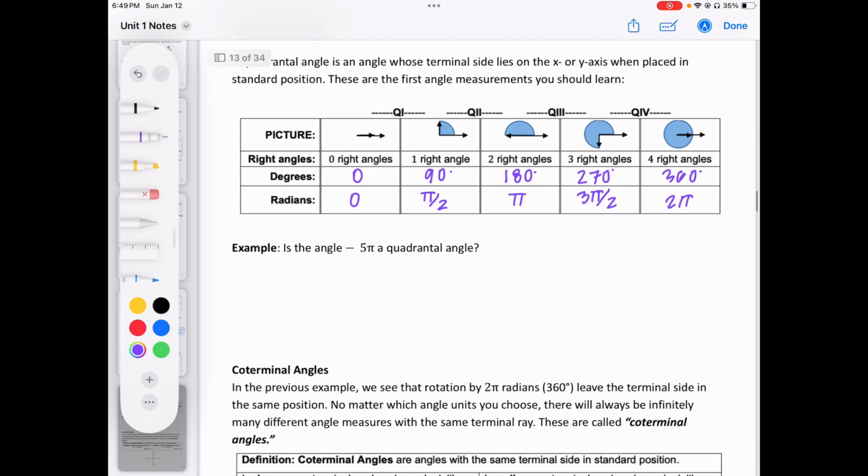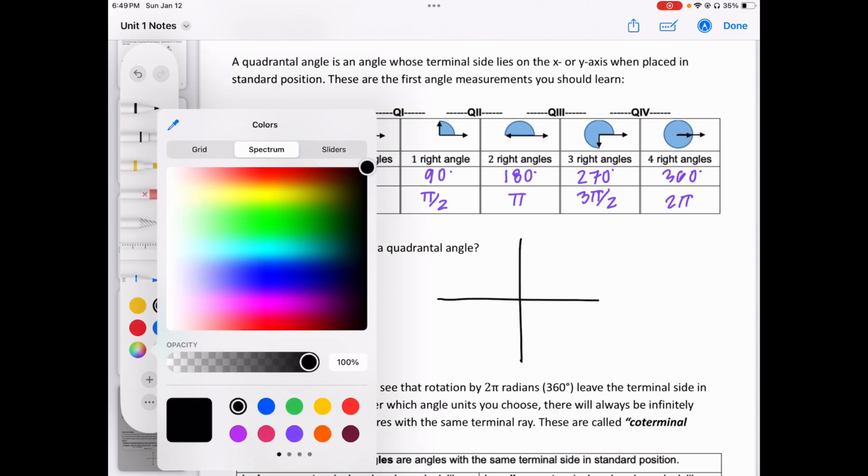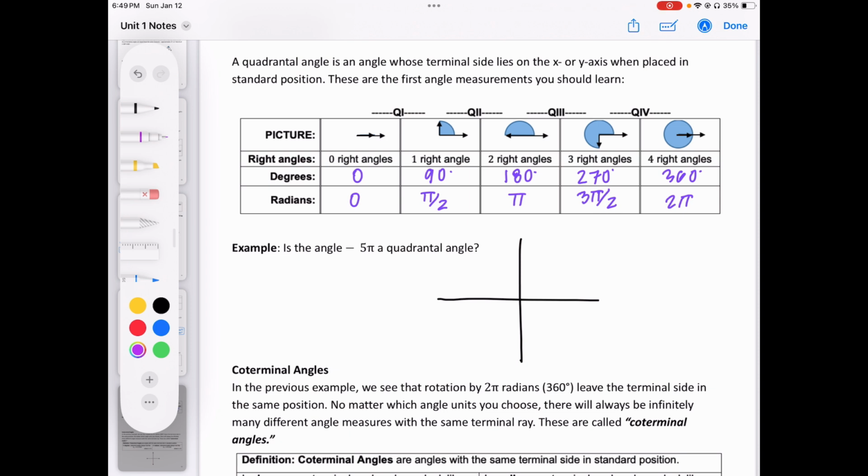Now, is the angle -5 pi a quadrantal angle? It is, right? Let me show you what that might look like. Now, notice that it's negative, which means we're actually going to go clockwise. Here is -1, -2, -3, -4, and -5.